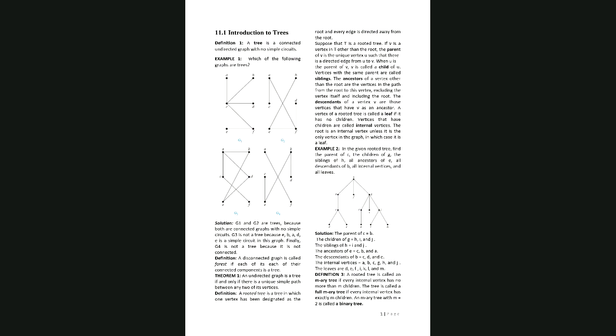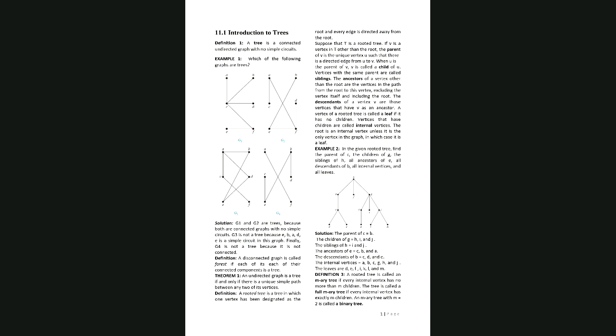Which is the parent of C? This is C. The vertex which is the parent of C is B. Children of G: this is G and these are the children, H, I, J. Which vertices are siblings of H, meaning akhu, brothers? This is H and these are his brothers.